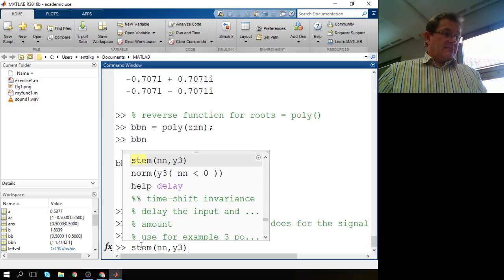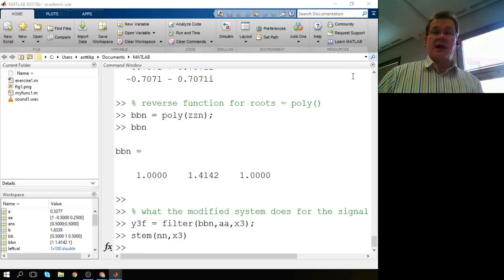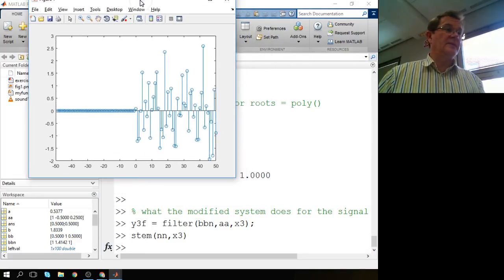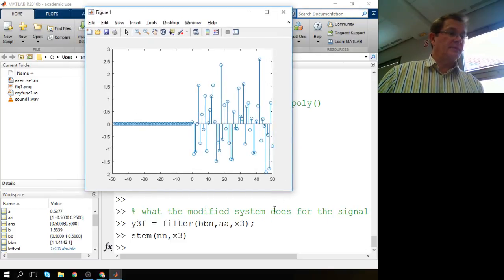Let's stem a couple of things. First, the x3. The input looks like this one here. Whoa, that's a big one.